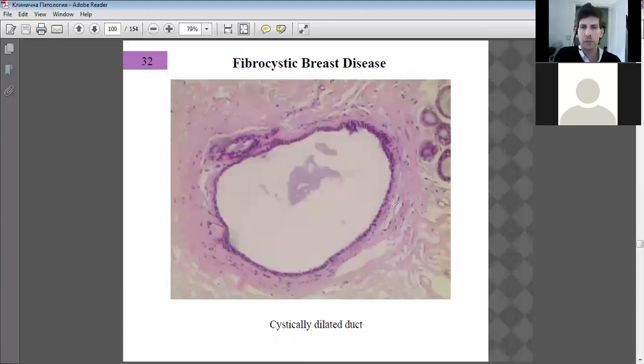Fibrocytic breast disease. This is a definite example of a cyst, fluid-filled, hardened because of the fibrous tissue that's grown around it. The edge of the tissue is fairly smooth but highly divisive. It's dividing a lot and growing a lot. There's another cyst forming here, a smaller one.